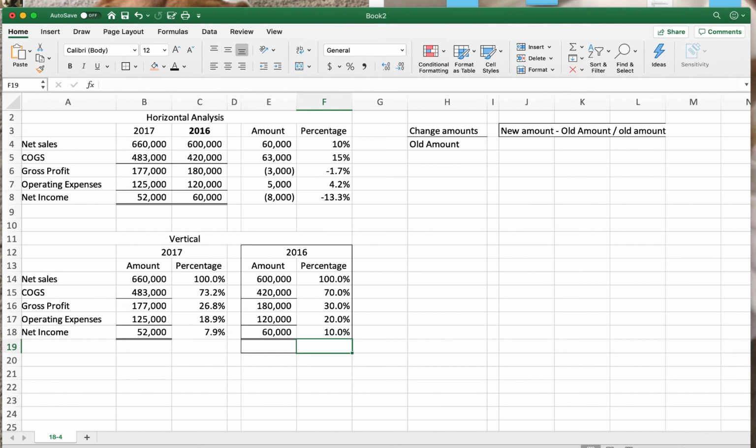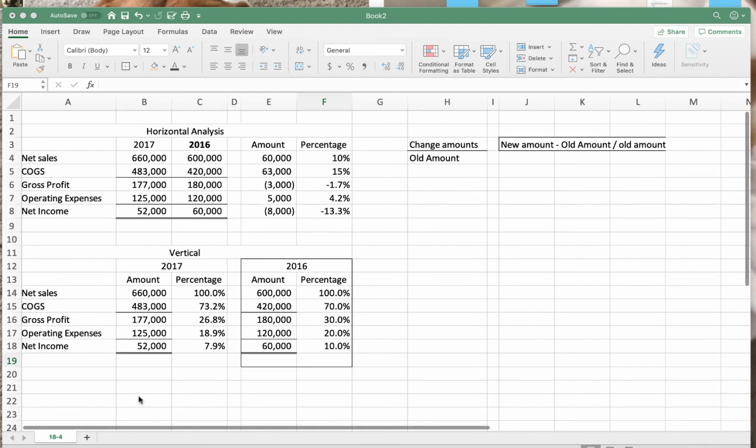And then the problem says to do the liquidity ratios and compare the ratios, okay? So I'm going to show you how to do the current ratio. Actually, you know what?